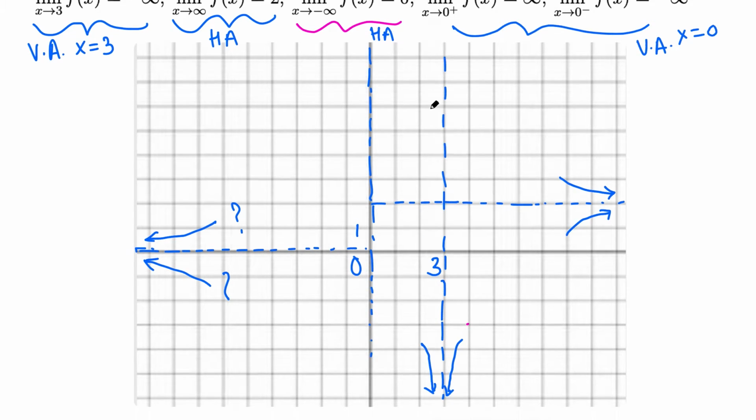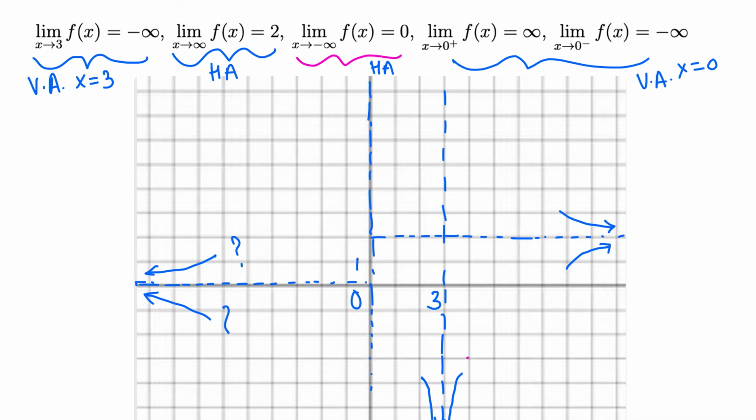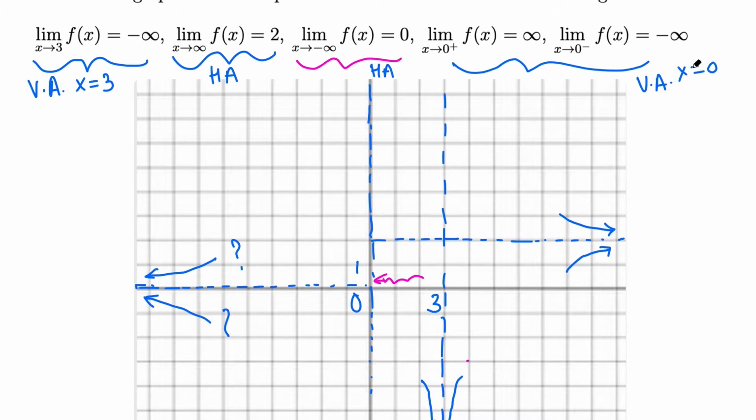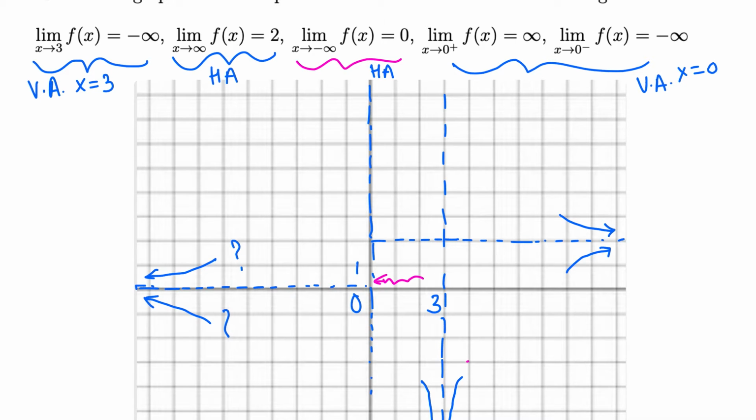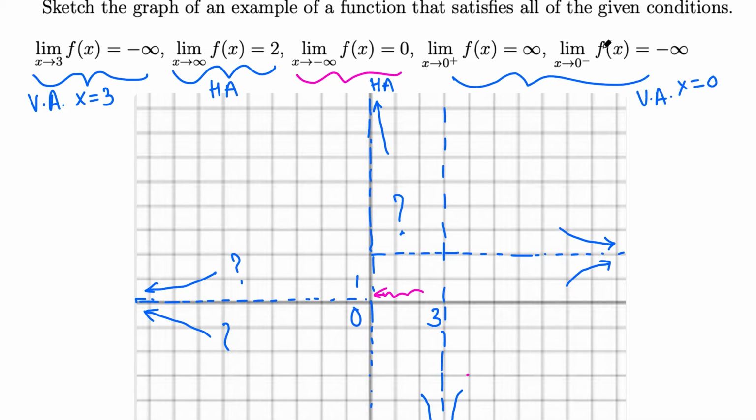vertical asymptote. And when x approaches 0 from the right side, the function approaches positive infinity. So it's going to go here. So we'll connect here in a moment. From here, the function goes to negative infinity when x approaches 0 from the left side.